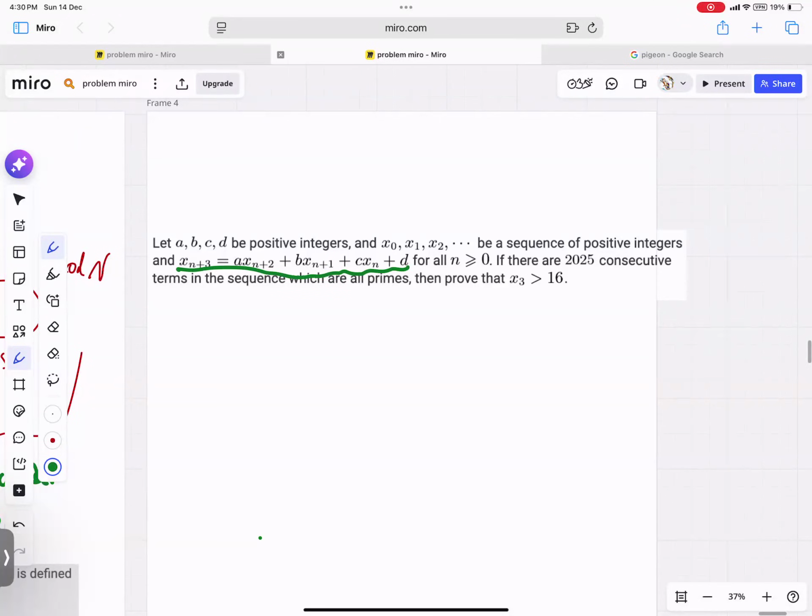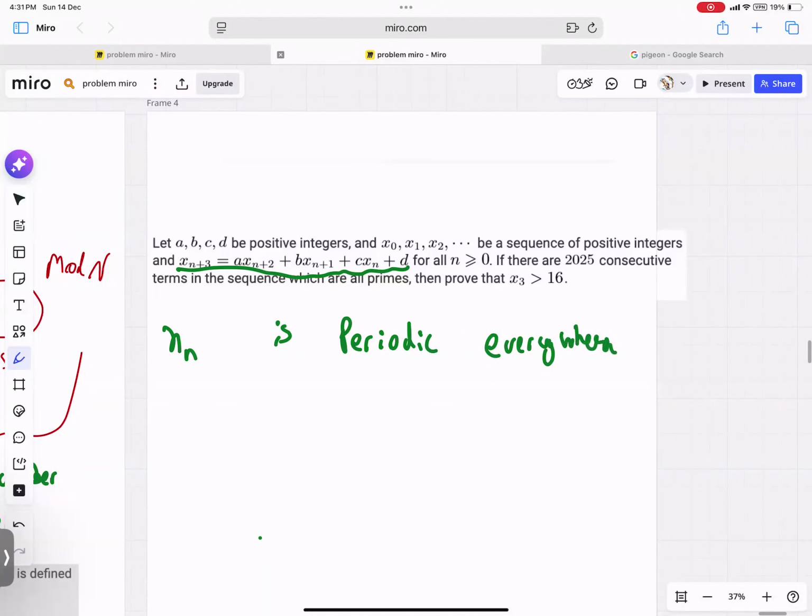Yeah, so we have the same recurrence as before, and we know it's eventually periodic. Not eventually periodic, periodic everywhere modulo any n. So that's a good place to start.